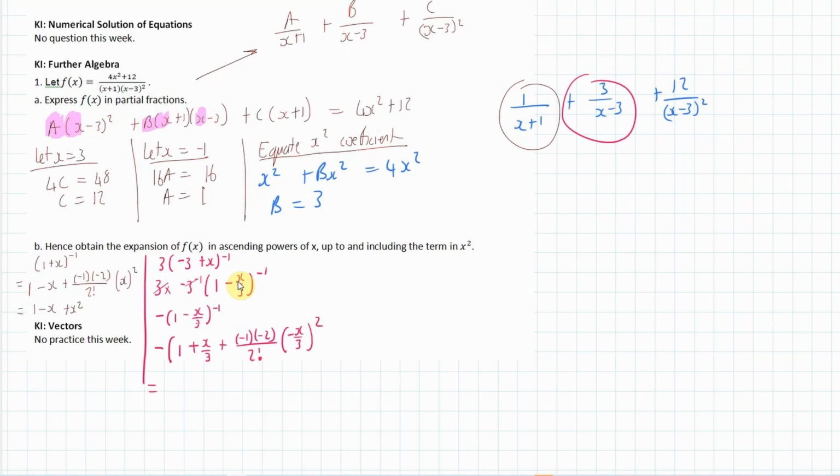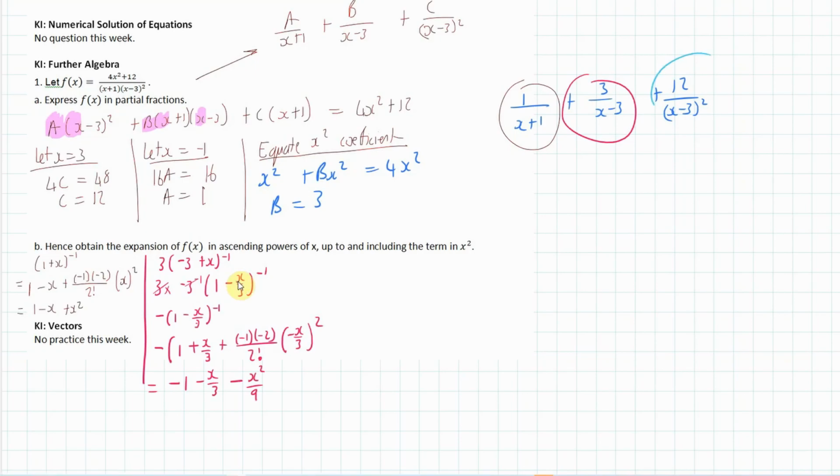Now when we work that out, I'm getting -1 minus x over 3. And this last one, what would we get there? So it'll be positive x squared over 9. And so when we times it by the negative on the outside, we get -x squared over 9. Okay, so we've got the second one.